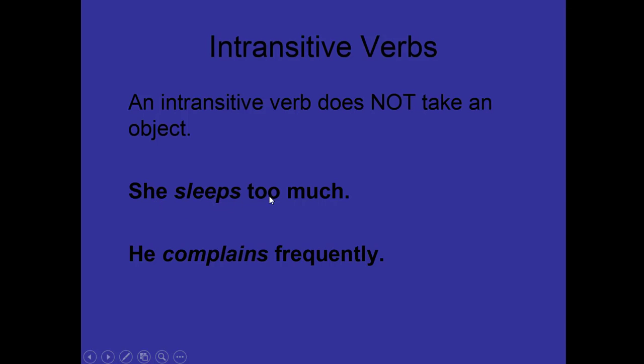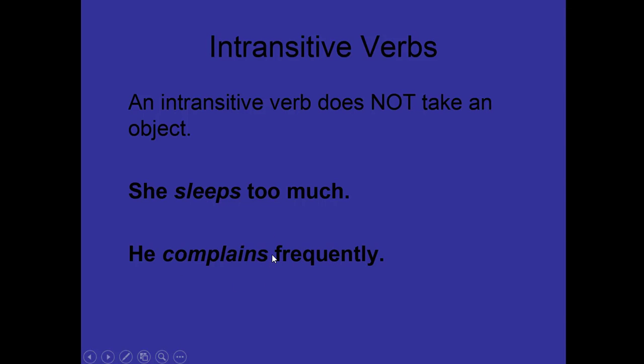She sleeps too much. Where is the object? No object here. We just describe the quantity of her sleeping. She sleeps too much, or she sleeps little. So no object here, direct or indirect. No place for them here. He complains frequently. بيشتكي دايما باستمرار.